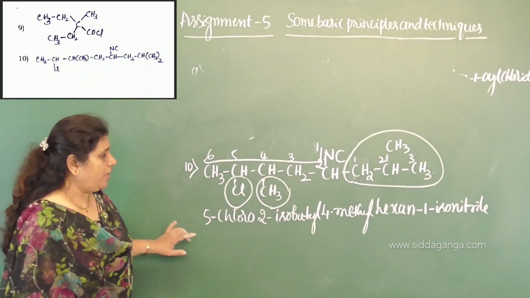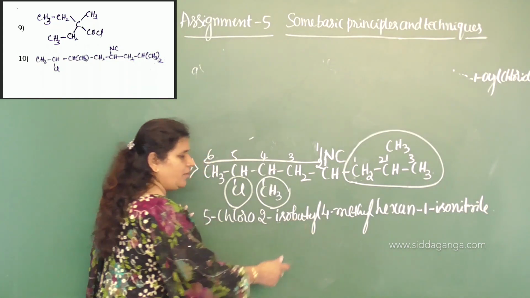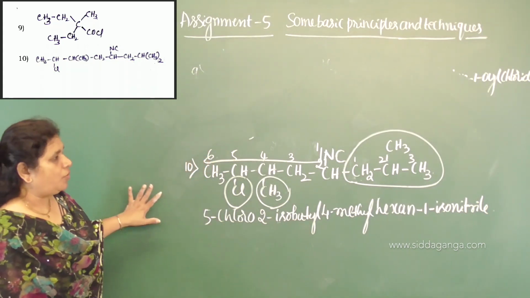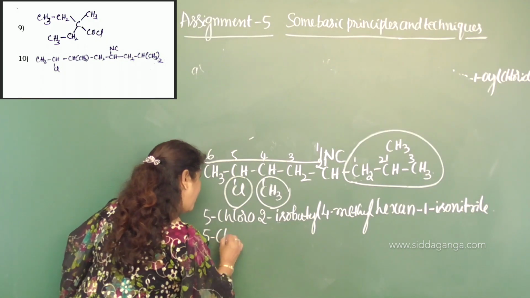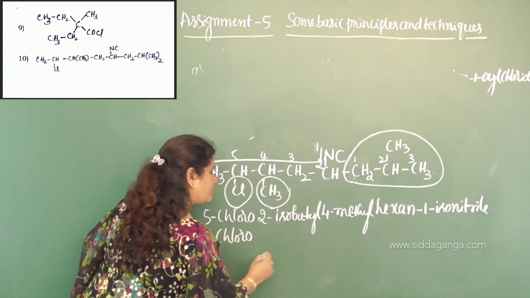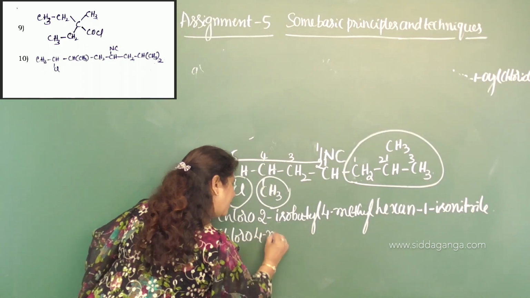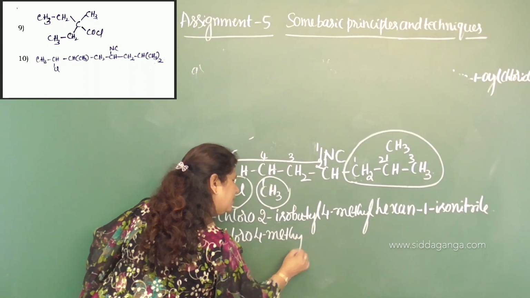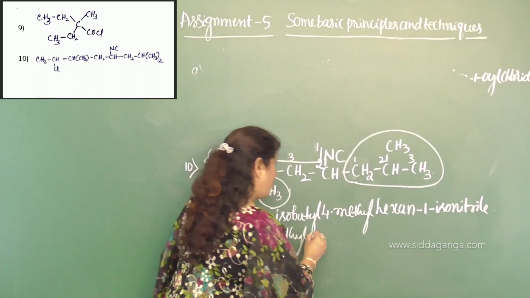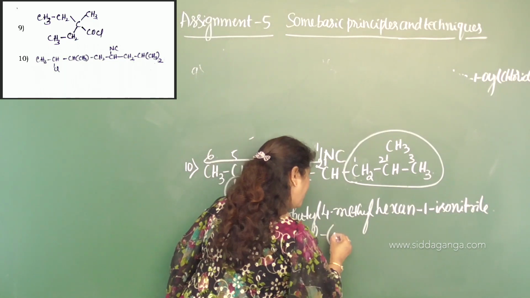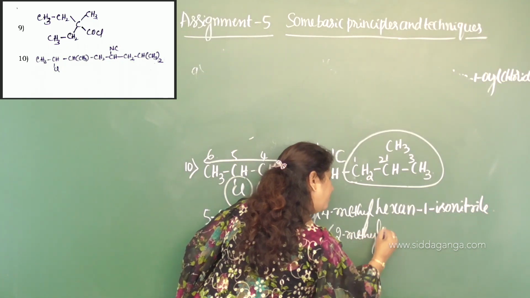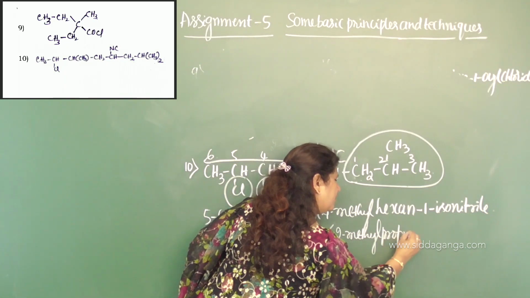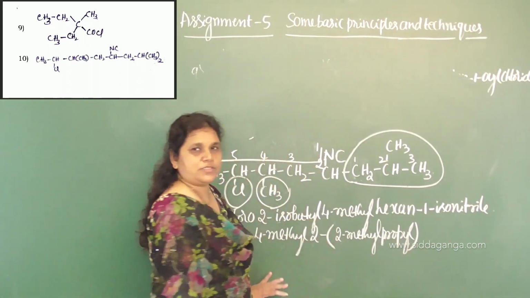1-isonitrile. So instead of isobutyl, you can use 2-methyl 1-propyl, then the name will be 5-chloro, 4-methyl, this comes first, then 2, take a bracket, 2-methyl propyl, that is 1-propyl, close the bracket.